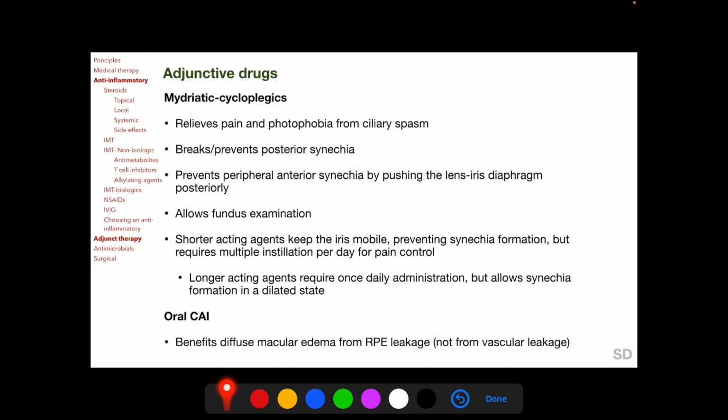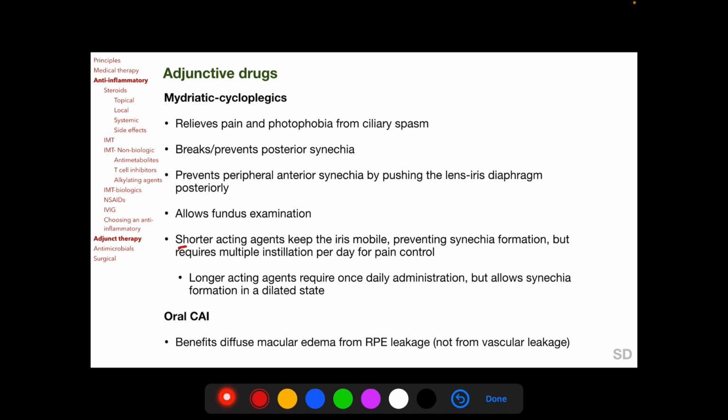Among drugs which should be given in addition to anti-inflammatory, we have mydriatic cycloplegics which relieve pain and photophobia from ciliary spasm, break already existing posterior synechiae or prevent new posterior synechiae from forming, and by pushing the lens iris diaphragm posteriorly, they may also prevent peripheral anterior synechiae formation, and they also allow fundus examination.